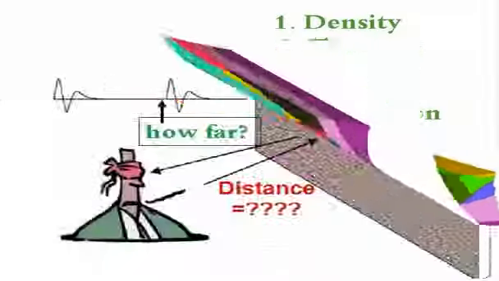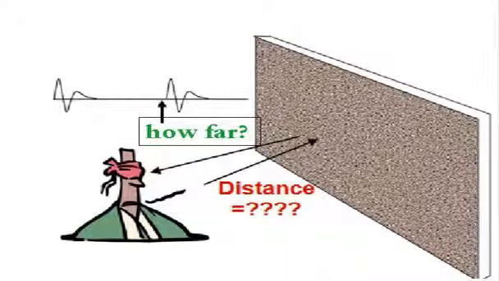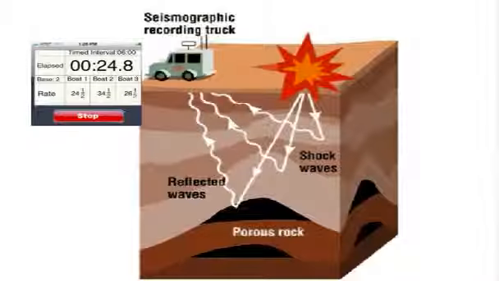Now going back to the blindfolded geoscientist, he still needs to know how far away the wall is. To find out, he will need an energy source, a timing device, and a receiver. We begin by creating an energy wave.